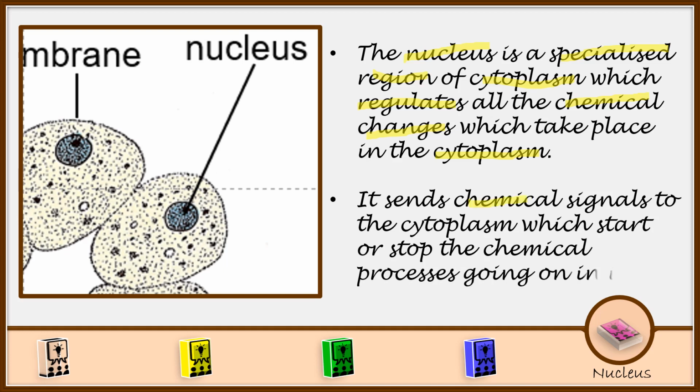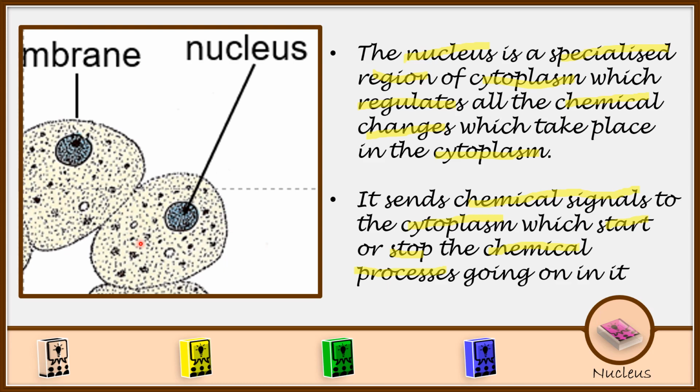It sends chemical signals to the cytoplasm, which start or stop the chemical process going on in it. So it is the nucleus which sends information, messages, to the cytoplasm for a particular reaction to start, and it is also the one which gives information for the particular reaction to stop.